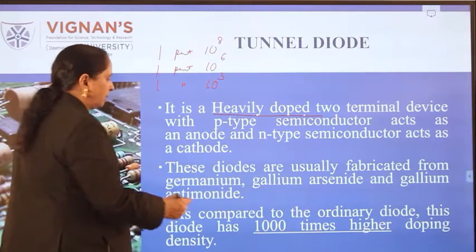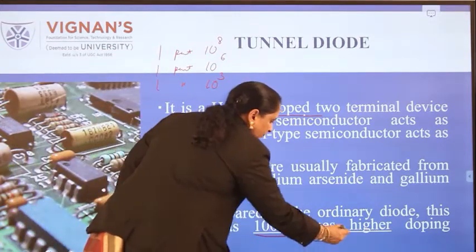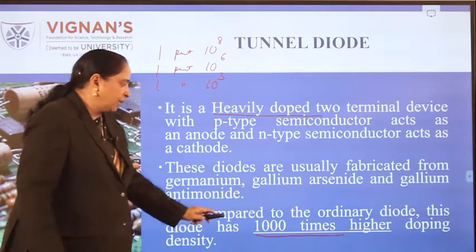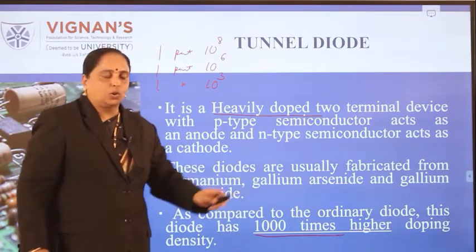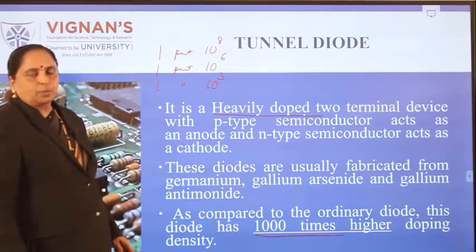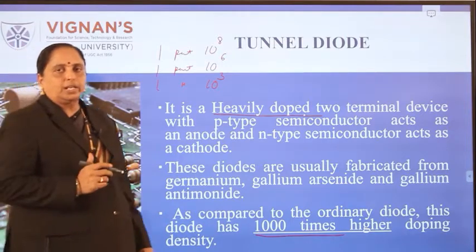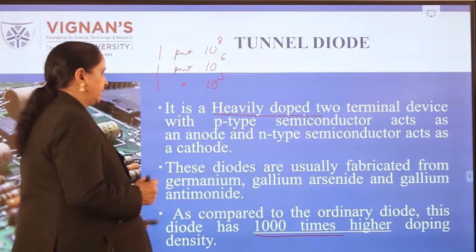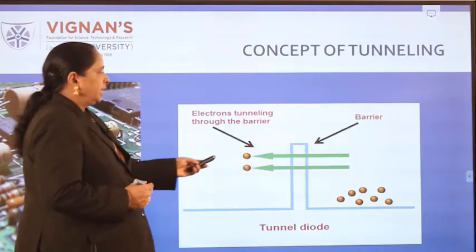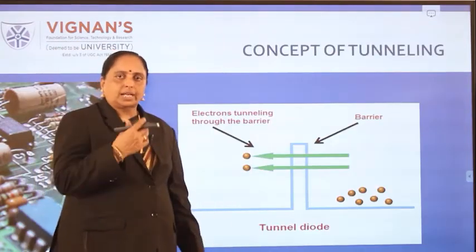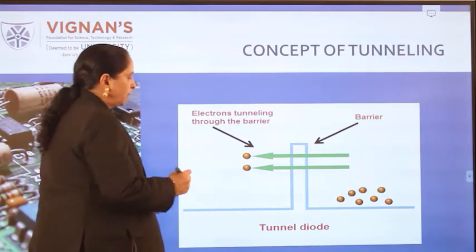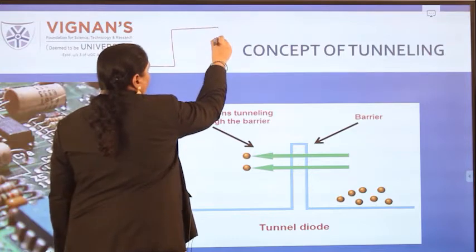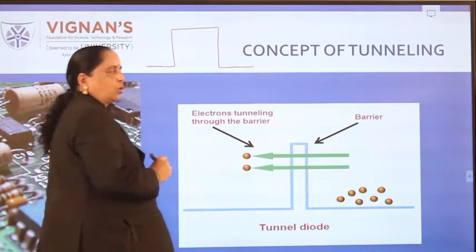So here the most important point is this one. As compared to the ordinary diode, this diode has 1000 times higher doping density. Because of this excess doping only, the complete characteristics of the tunnel diode are changed. Let us see how the tunneling takes place. In a normal PN junction diode, that is in normal doping, the depletion width is so wide.